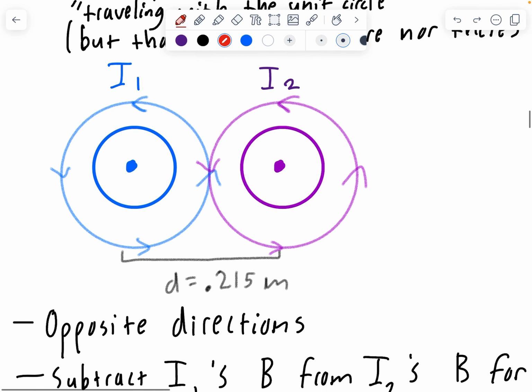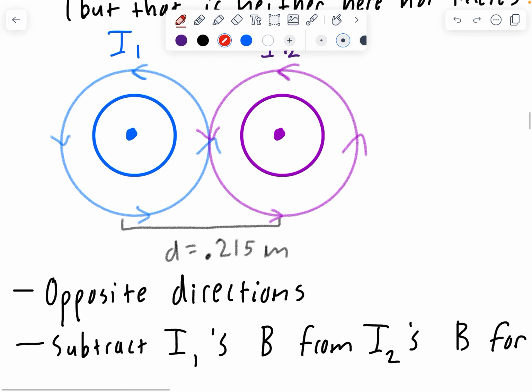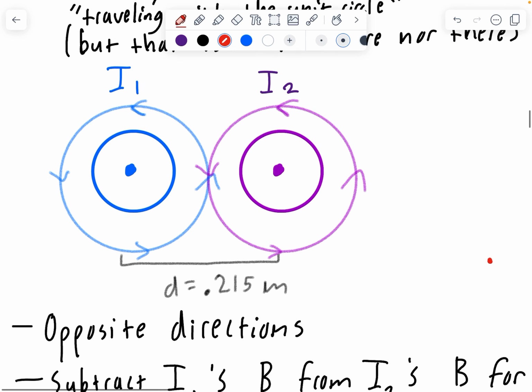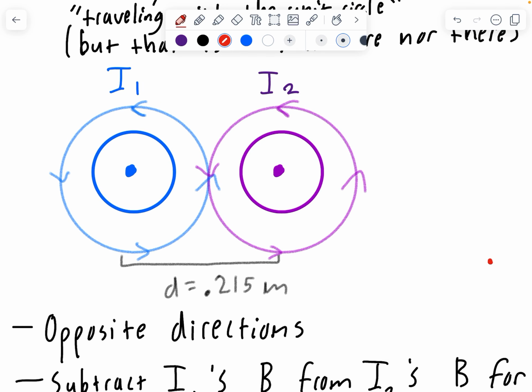So I redrew those two wires down here, I1 and I2, and gave them colors just so we know which is which. Because they both have currents traveling in the same direction, at this midpoint the magnetic fields travel in opposite directions, so they oppose each other.